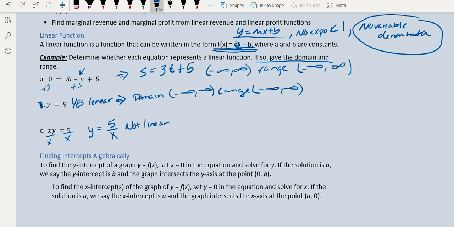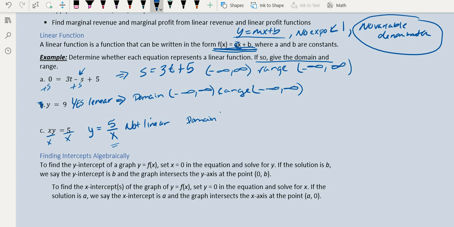Now, when we talk about nonlinear functions, we have a couple of rules when it comes to the actual domain and range. I'm just going to go over the domain really quickly. The domain would be all values except for 0. Why would I put 0? Because any time I have 0 in the denominator, that makes it undefined.